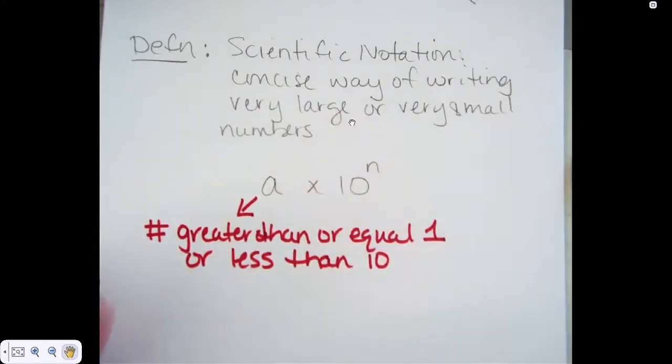Okay, so greater than or equal to 1 or less than 10. Basically, it's a one-digit number, meaning all I can have is one digit in front of a decimal.